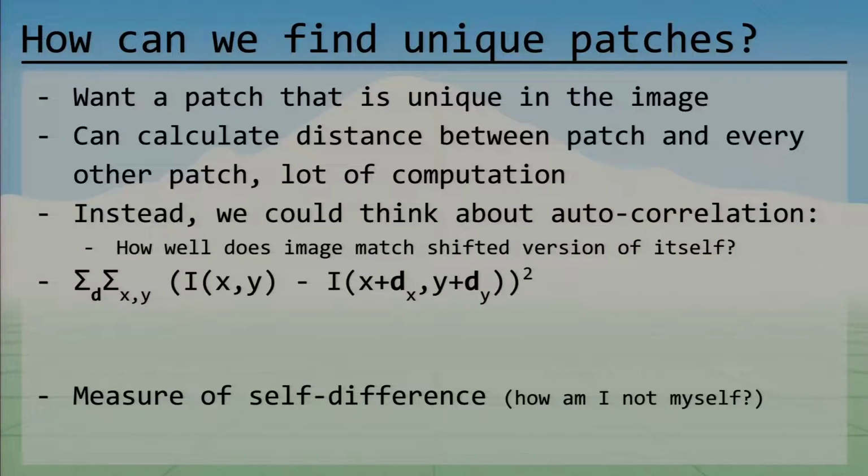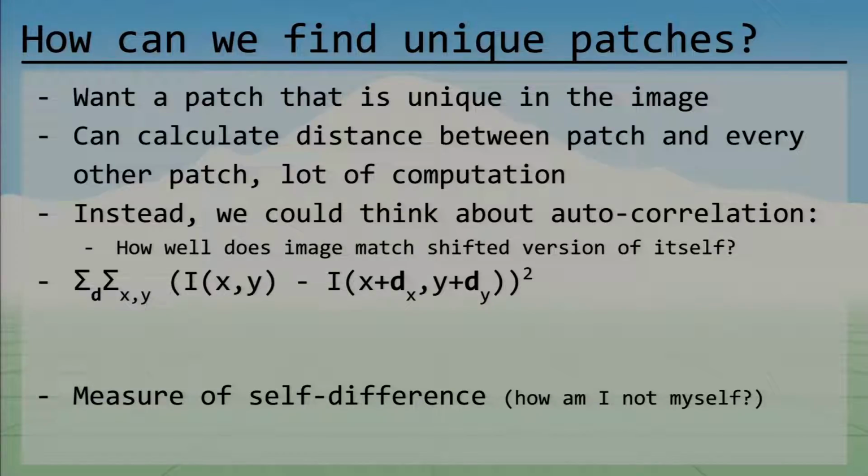So instead, what we're going to think about is this notion of autocorrelation, which is basically how well does the little image patch that we're talking about match a shifted version of itself.